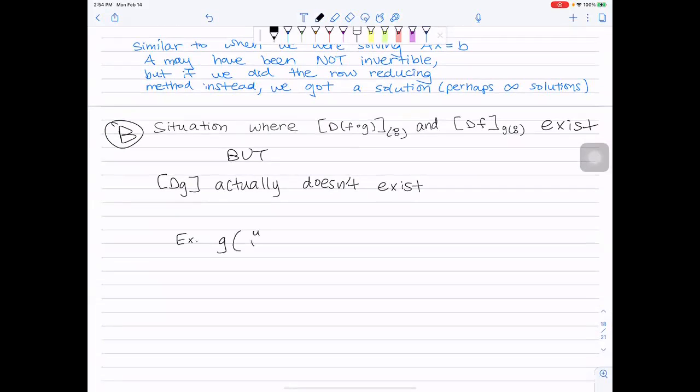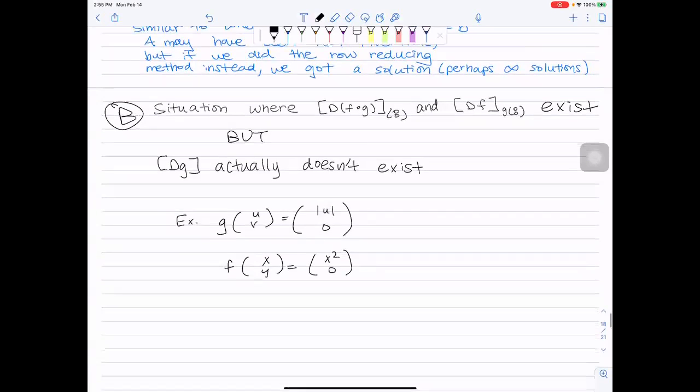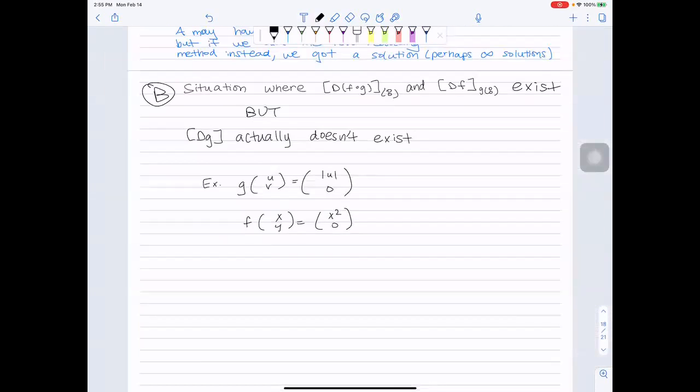If you had a function g in terms of u and v, where it equals the absolute value of u and 0, and you had f of xy equals x squared and 0. Well, then what would the composition of f of g be?